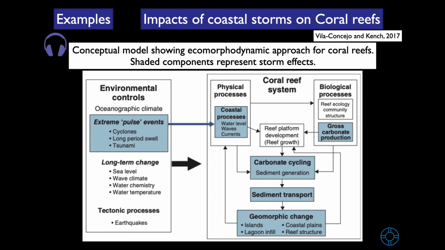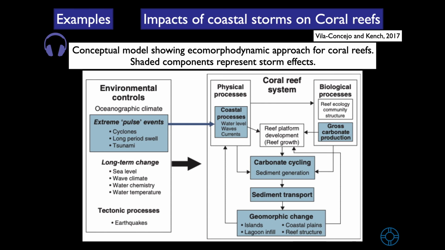First, storms are a set of boundary controls that can force changes in reef health, carbonate cycling, and consequently geomorphic state. Secondly, the influence of storms on short-term carbonate cycling and geomorphic change can be evaluated at the event scale.